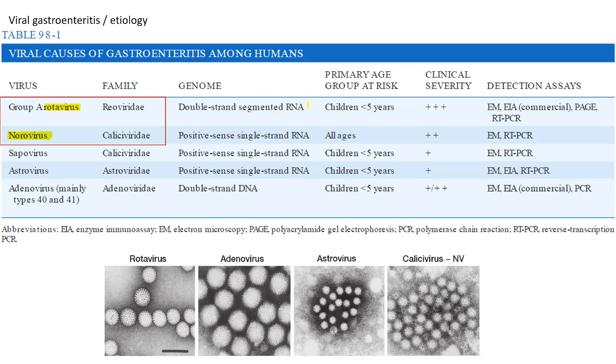And as you can see, most of them are RNA viruses, except for adenovirus, which is a double-stranded DNA virus. And we can see here some electron microscopy images of those more common causative agents of gastroenteritis. And in today's lecture, we will talk about rotaviruses and noroviruses in detail.